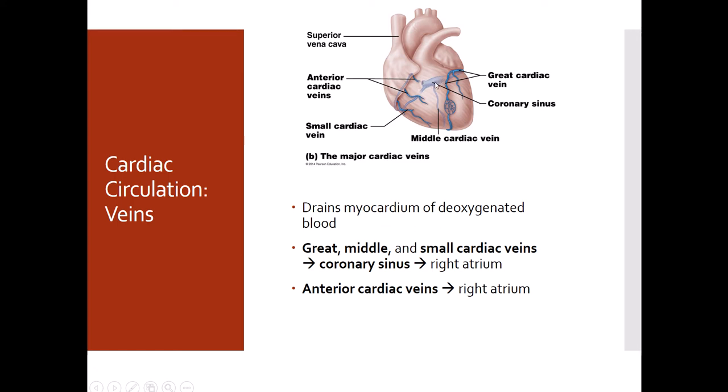And the coronary sinus dumps its blood into the right atrium so it can be pumped to the lungs and be oxygenated. We also have these anterior cardiac veins, and they dump directly into the right atrium, so they don't go to the coronary sinus. But that is how the heart gets its own supply of blood and is also drained of its supply of blood.